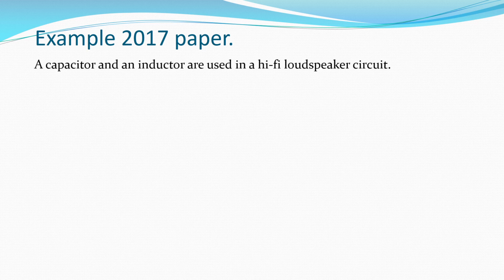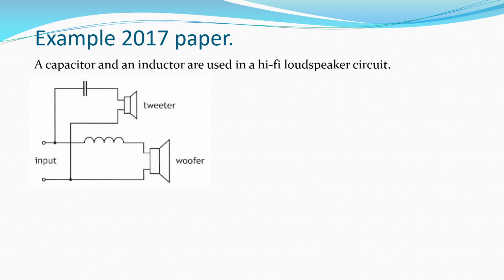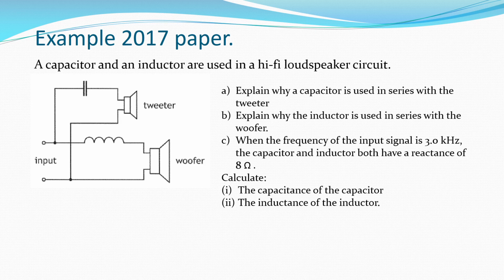Here's an example from the 2017 paper. A capacitor and inductor are used in hi-fi loudspeaker circuits. Explain why a capacitor is used in series with a tweeter. Explain why the inductor is used in series with the woofer.